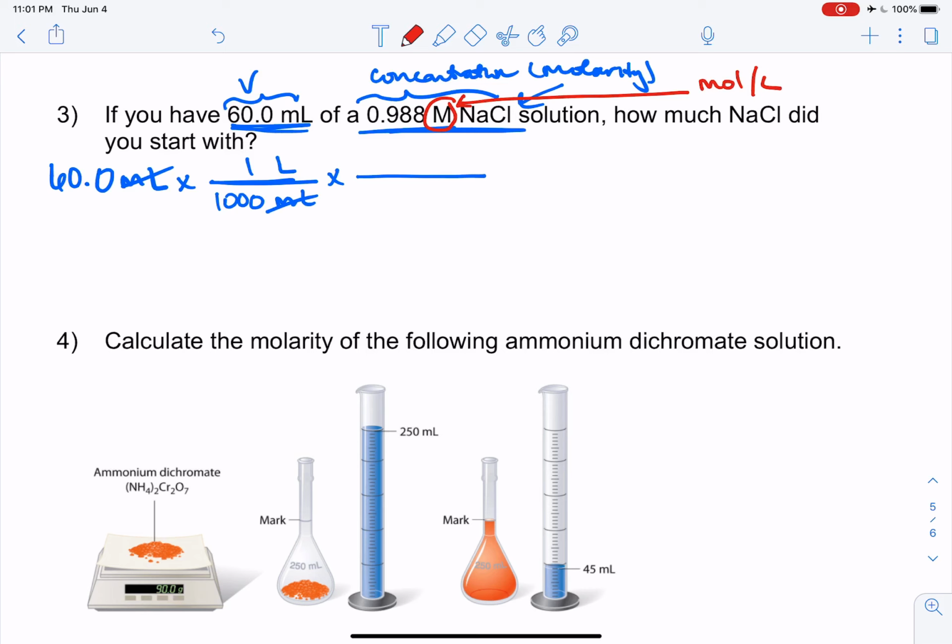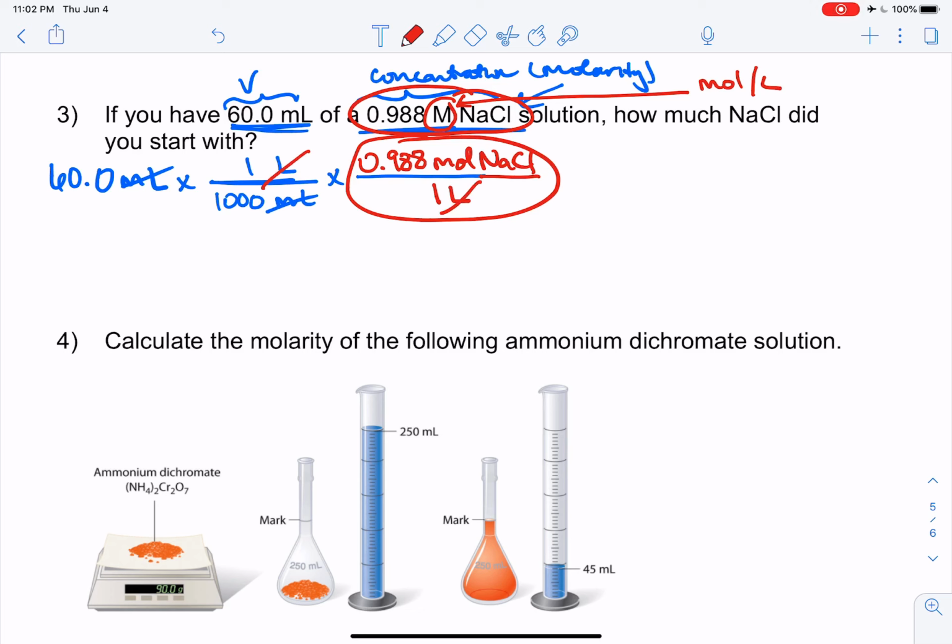And what that looks like is this: 0.988 moles of sodium chloride divided by 1 liter. What I just wrote right here is exactly the same as this right here. We just wrote it differently. And that will allow us to cancel out the liters.